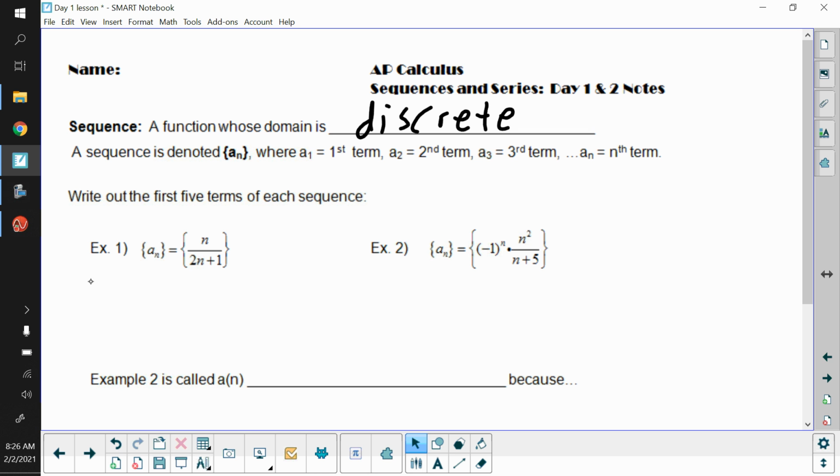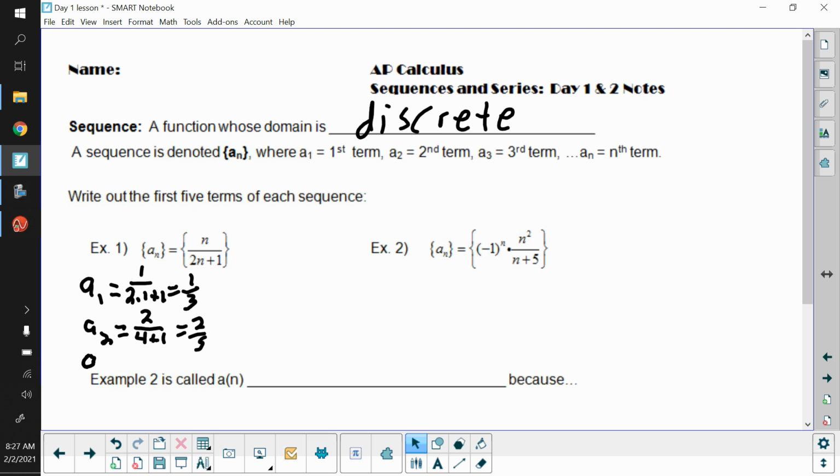So in these examples, we're going to find the first 5 terms. Well, if we want to find a1, 1 is now in the n spot, so we just sub 1 in for all the n's. So we're going to have 1 over 2 times 1 plus 1. So that's going to give us 1/3. For a2, we'll fill in 2 for all the n's. So that's going to be 2 over 4 plus 1. So we'll have 2/5.